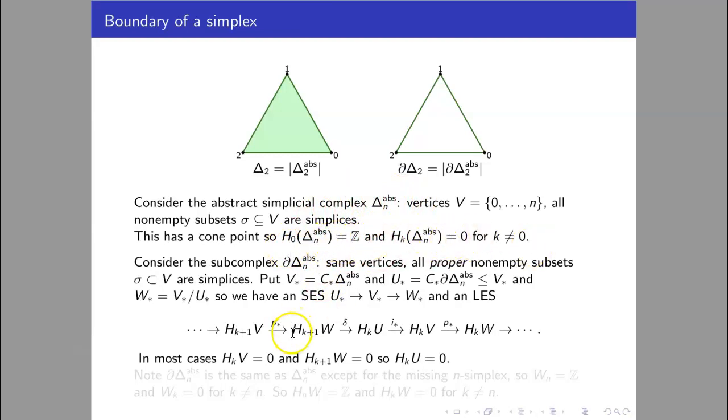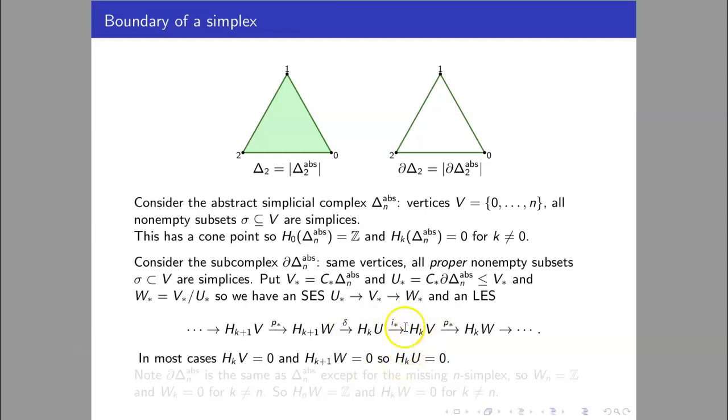So most of the time, both H_kV and H_{k+1}V are 0, and that means that H_{k+1}W and H_kU are the same. But W is also mostly 0, because there's very little difference between V star and W star. So W star is mostly 0, so most of the time H_{k+1}W is also 0, and H_kV is 0, and then that forces by exactness H_kU to be 0.